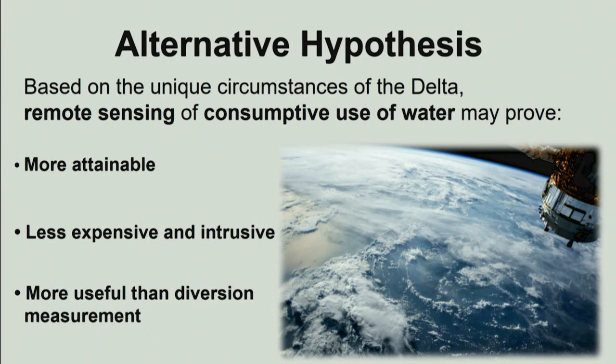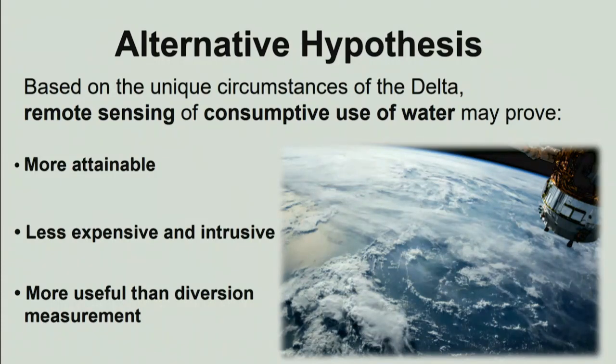Again, there's no storage in the Delta. If you oversupply water to your plants, you're going to have to drain it off, and when you drain it off, the water will return to the natural system in proximity to where it was taken. Proximity both in terms of time and location.